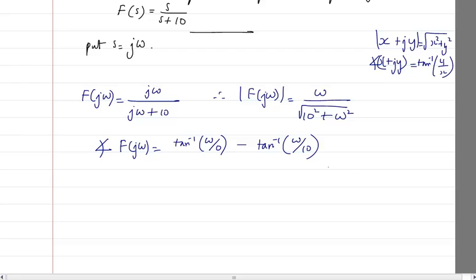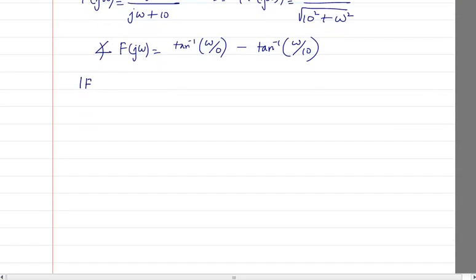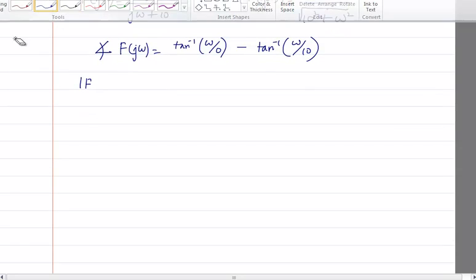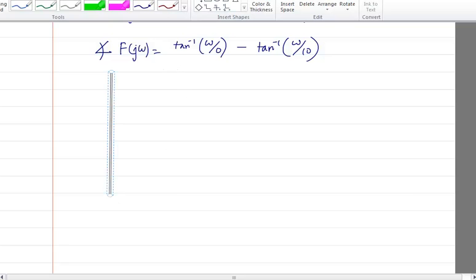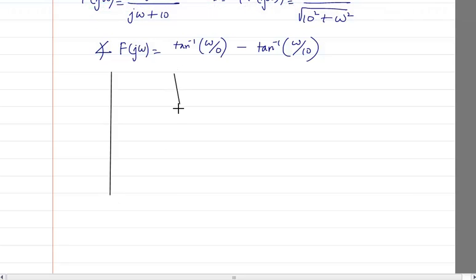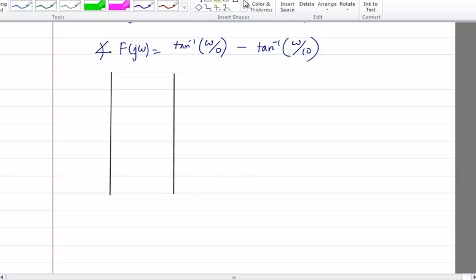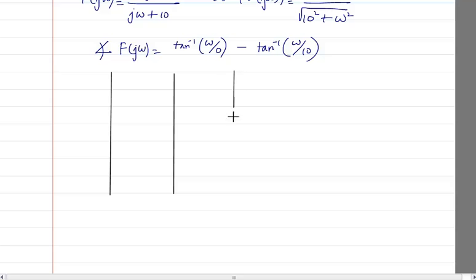Now, if I am going to plot the magnitude, let me draw it properly. I will draw 3 rows. One is for omega, another is for the magnitude of F of s, and the third one is for the phase part.